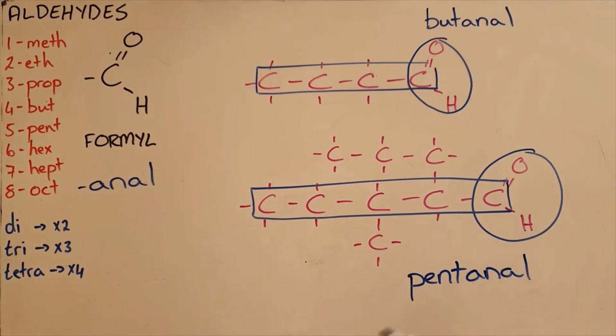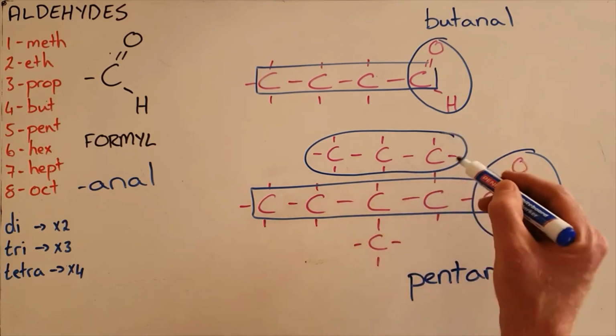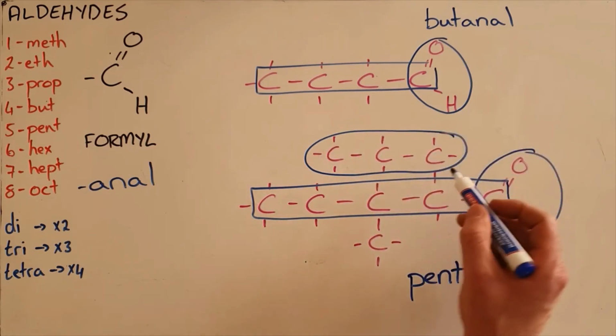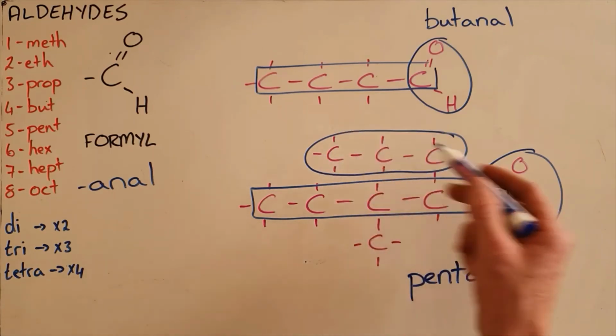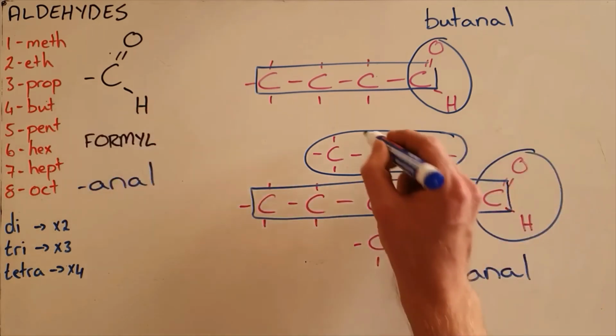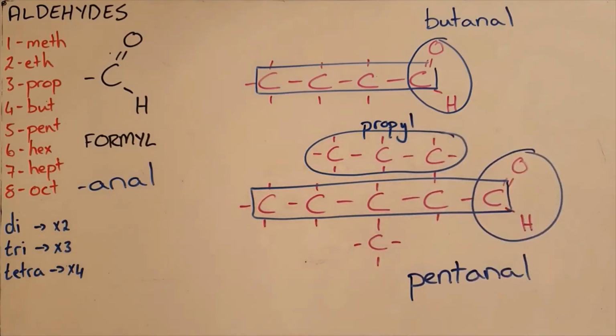And then what we do is, in the same way as we always would, we name the alkyl branches. Here we can see that there are 3 carbons attached to the main chain. Note here that the fact that it bends does not affect the way in which we name it. It is still 3 carbons. 3 carbons gets the prefix prop, and propyl because it is a branch, and here we have a methyl branch.